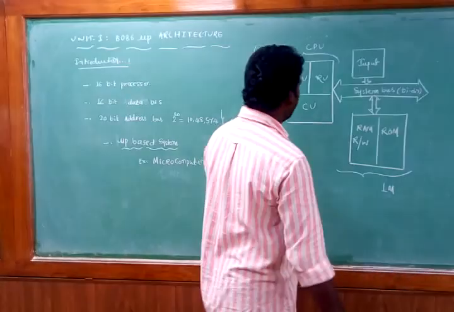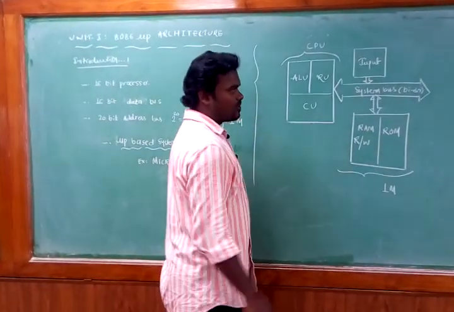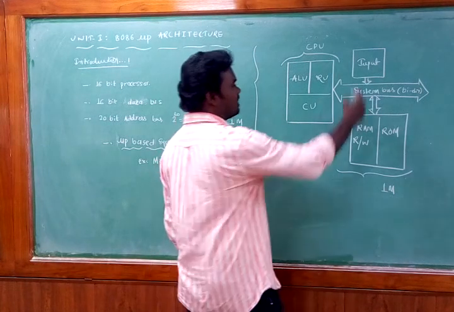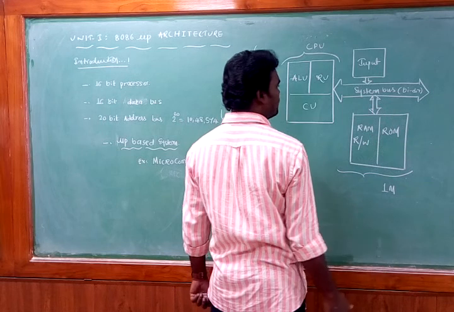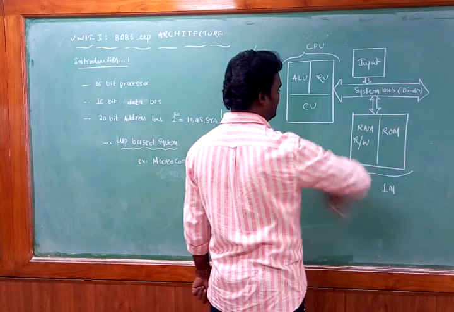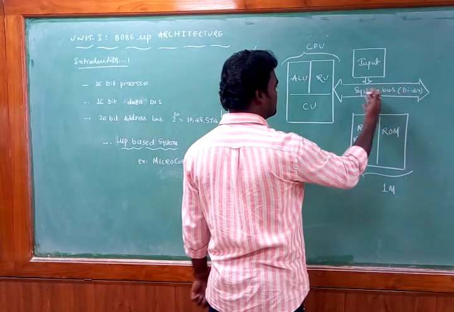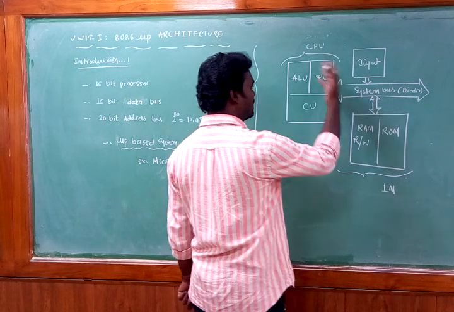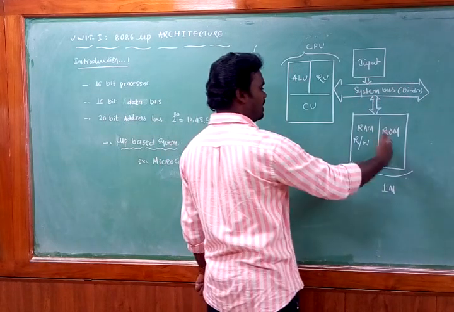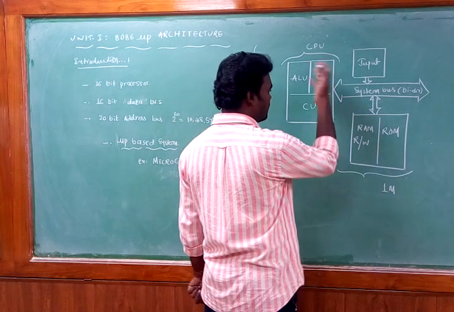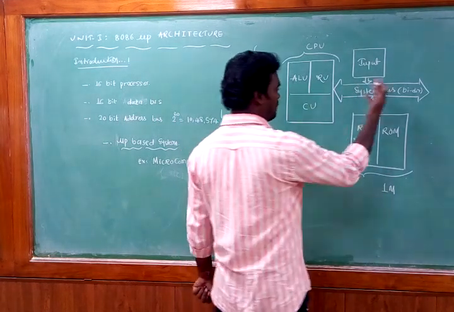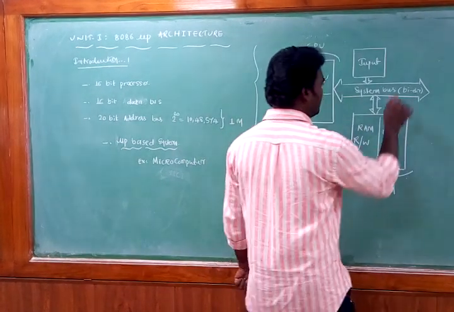So here is the functionality of the microprocessor based system. By using the input device, I am giving the input to the complete system, and by using the system bus it takes that data into the processor. By fetching some instructions from the memory, the processor will process the given data, and after that it delivers the output.